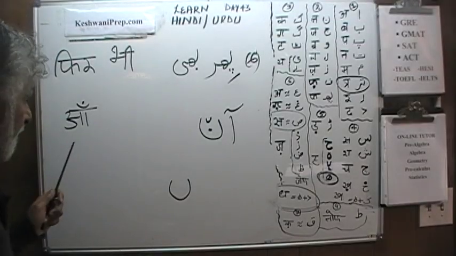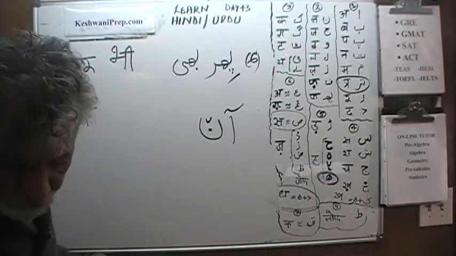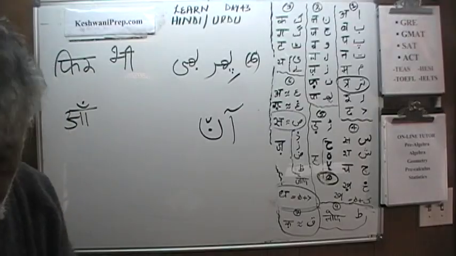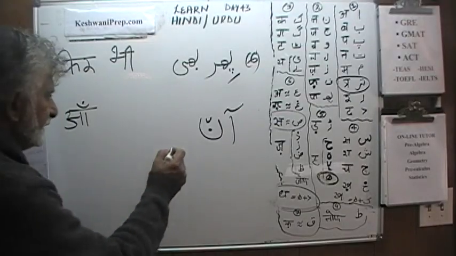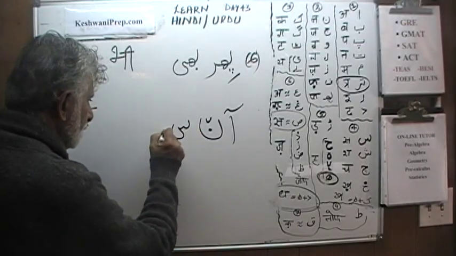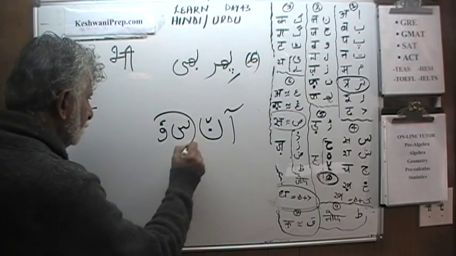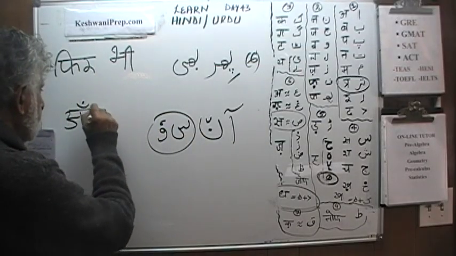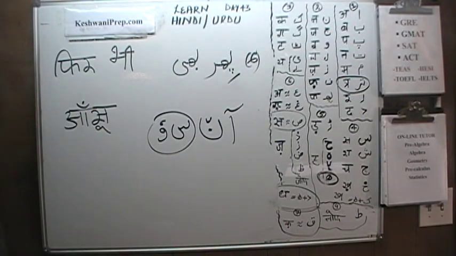So far it reads "aan", to which we're going to combine "su", with the badi u ki matra, which is seen, wow, and ulta pesh. This is "su". We have to figure out how to put it together.